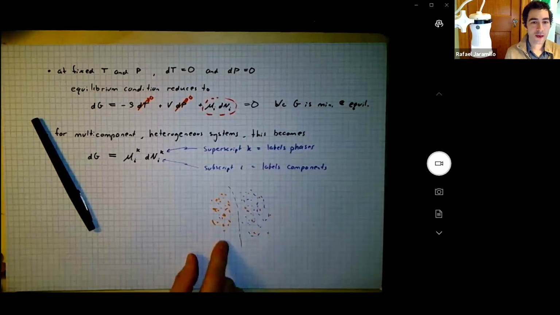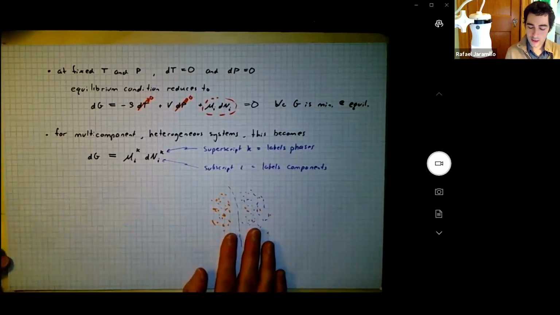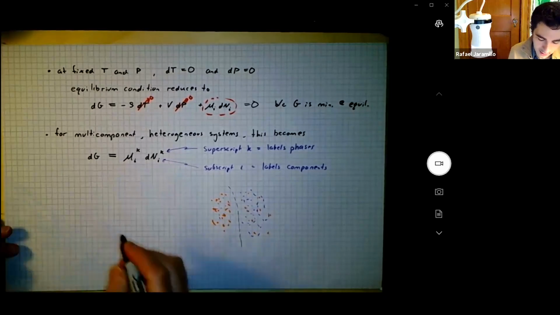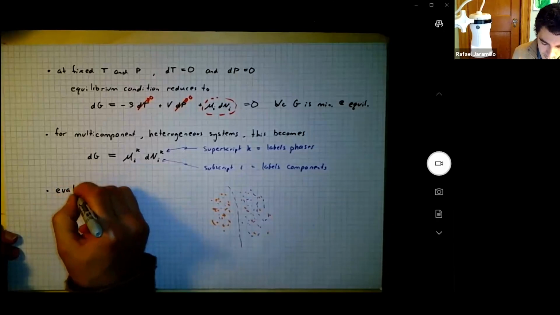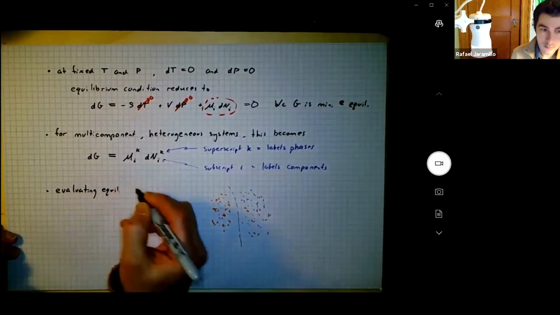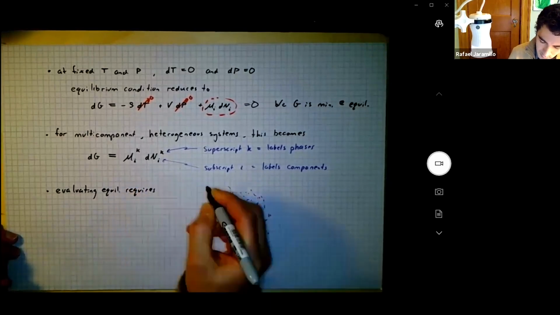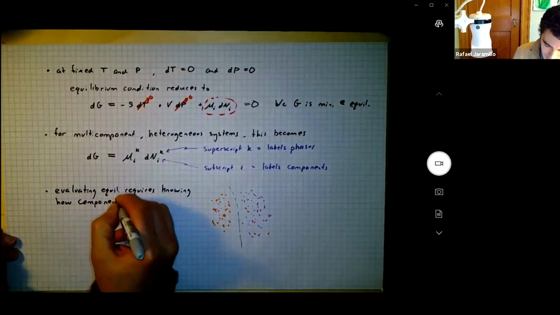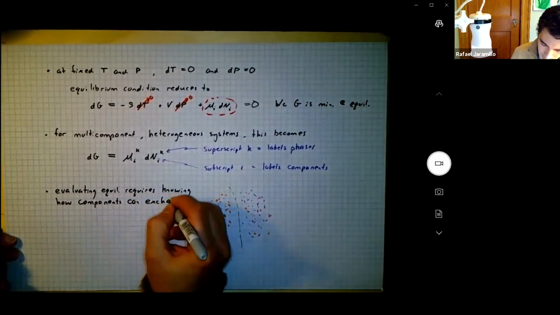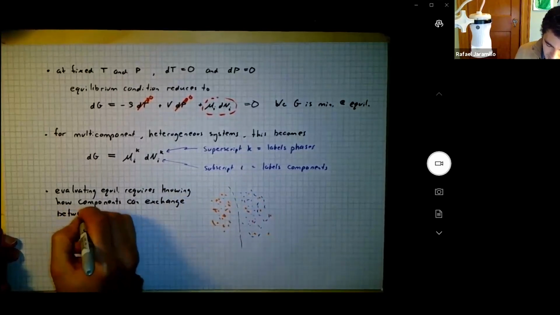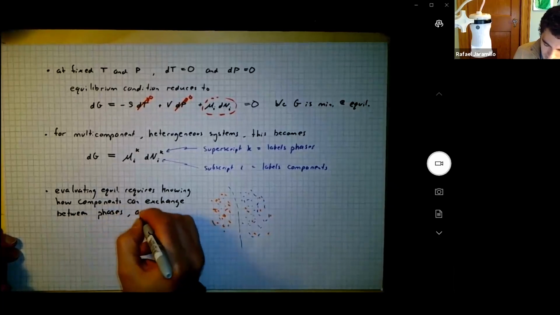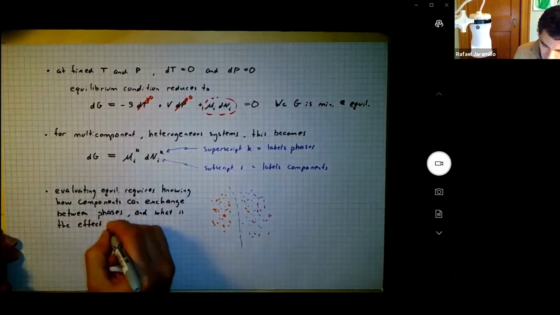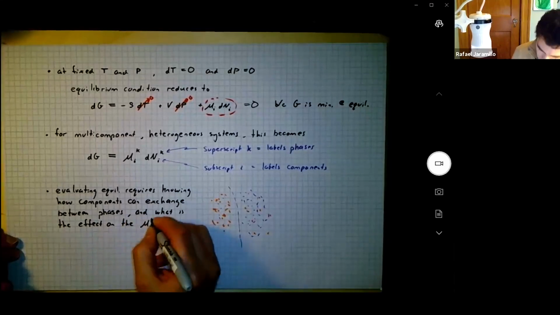Evaluating the equilibrium condition is going to come down to knowing how the components can exchange between phases and what the effect of that exchange is on the chemical potential. Let me write that out.